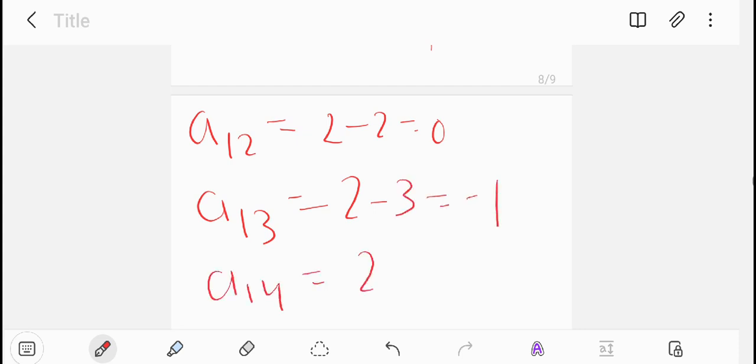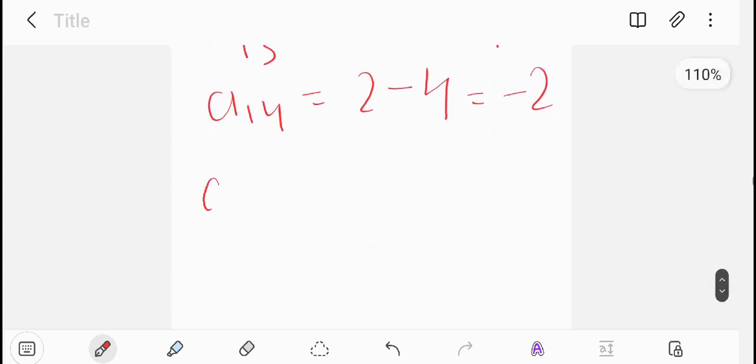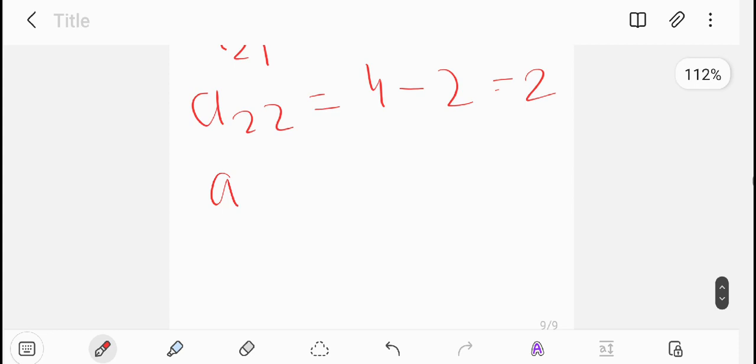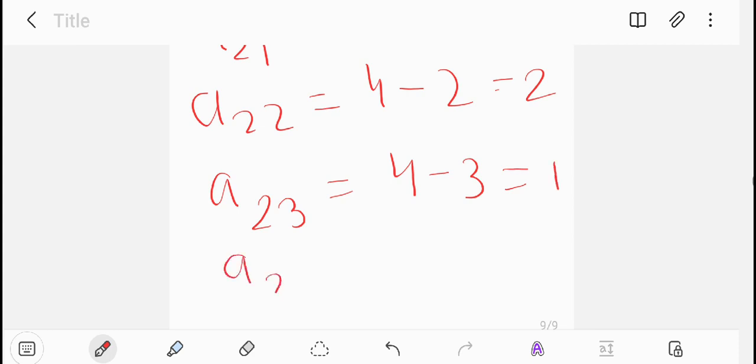A14 is 2 minus 4, which is minus 2. A21 is 4 minus 1, which is 3. A22 is 4 minus 2, which is 2. A23 is 4 minus 3, which is 1. A24 is 4 minus 4, which is 0.